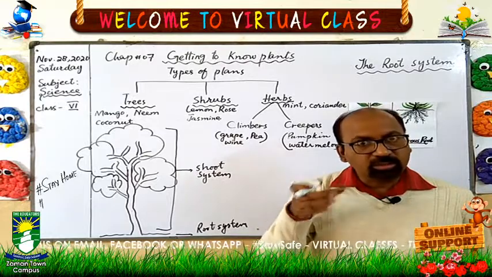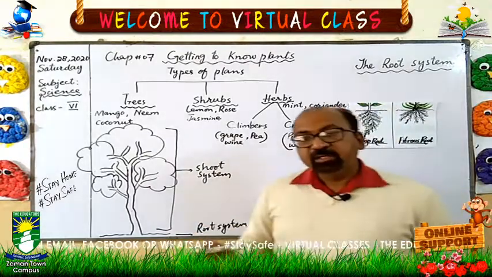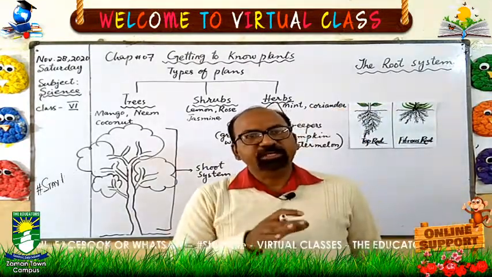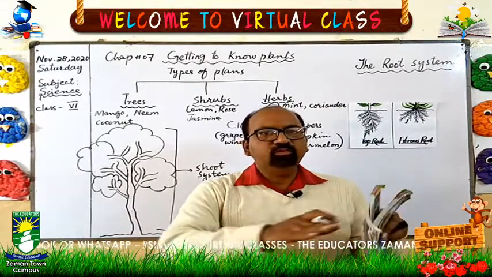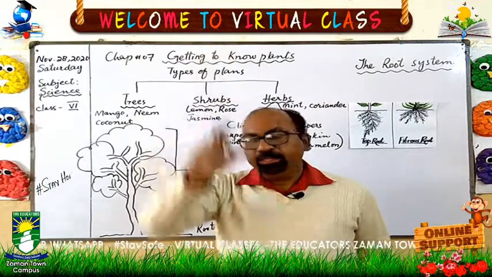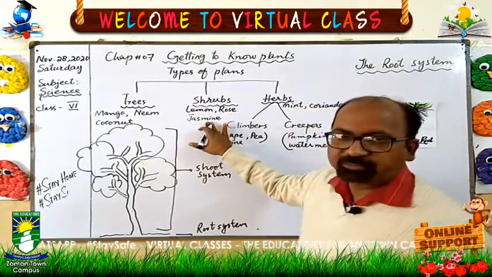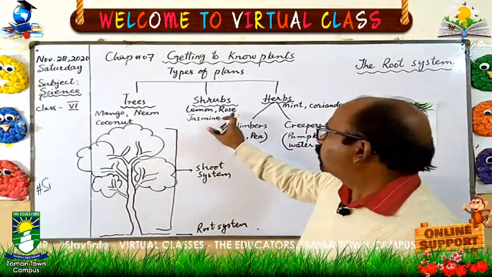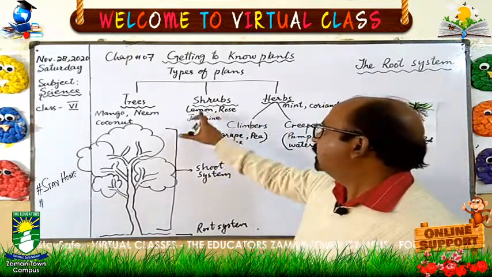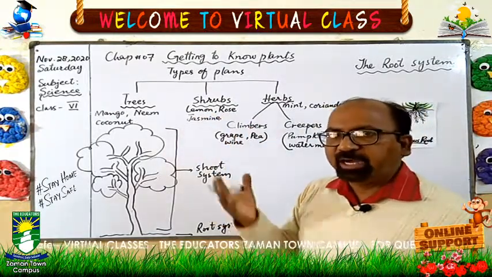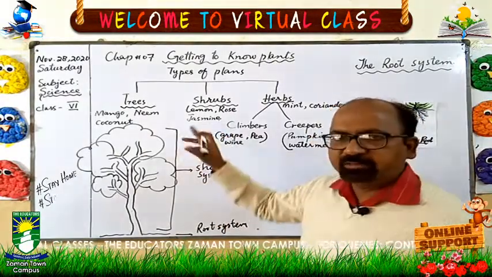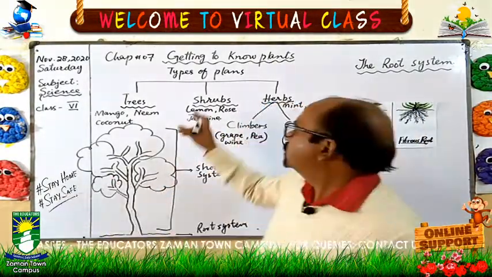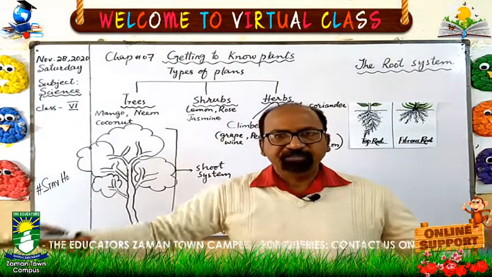They have strong stems, but the branches, the leaves, and the shoots are very near to the ground, meaning they do not go very high. They are called shrubs. For example, rose plants, lemon plants you have seen, and jasmine, these are called shrubs, meaning they cover the area.